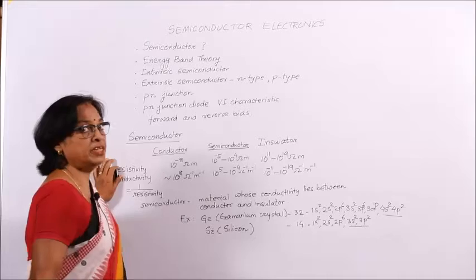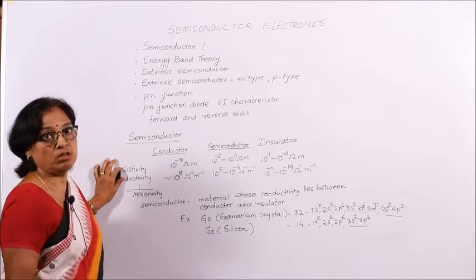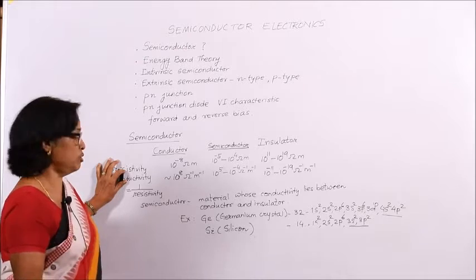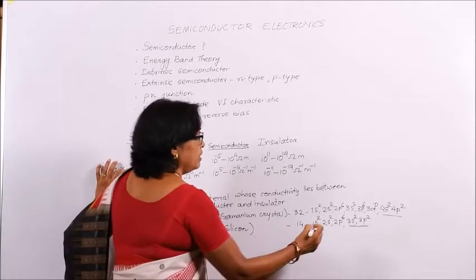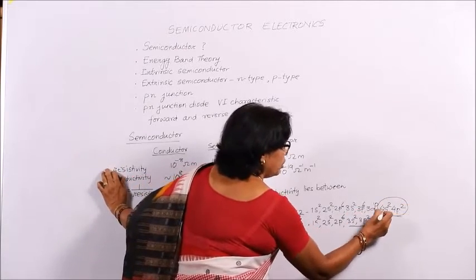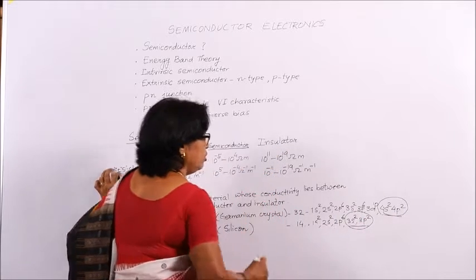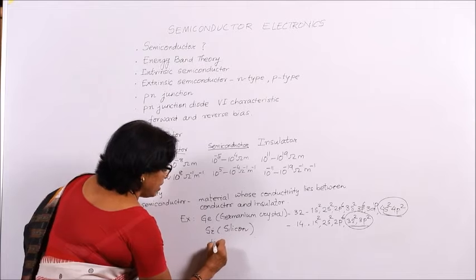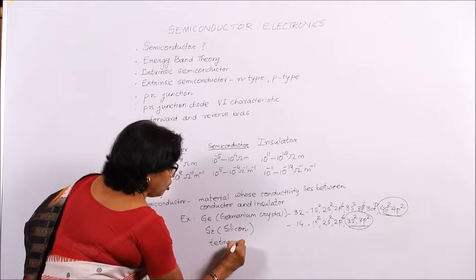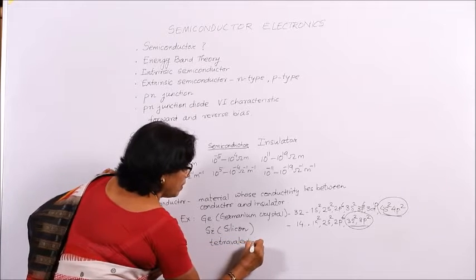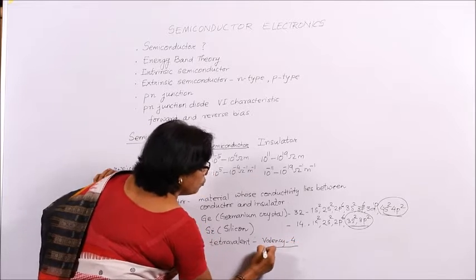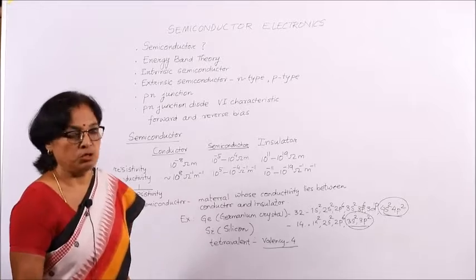So in the 4th orbit there are 4 electrons, which are the valence electrons or the outermost electrons. You can say that these elements are tetravalent, or their valency is 4, with 4 outermost electrons.